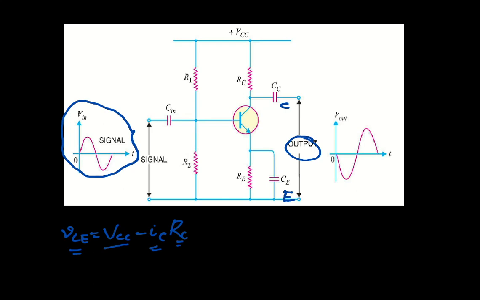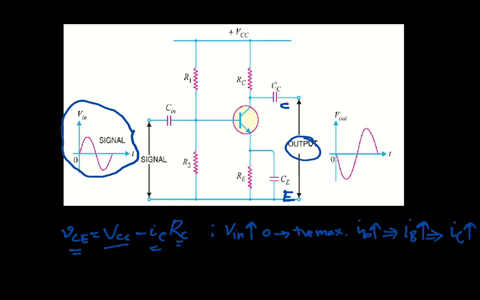Now when the input voltage Vin increases, that is, the voltage applied at the base increases from 0 to the positive maximum, then definitely the collector current IB due to the signal alone will increase, which in turn will increase the total collector current. So this increase will increase the collector current IC.